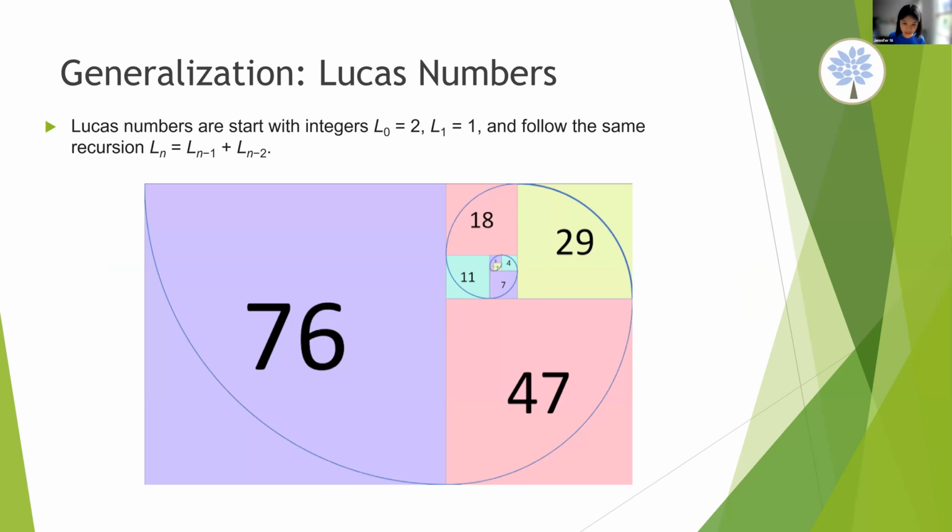Taking these terms of the Lucas sequence, we can also construct a continuous golden rectangle. And since it involves the same recurrence relation, the ratio of consecutive terms in the sequence would converge to the golden ratio. Hence, the Lucas spiral, the Fibonacci spiral, and the golden spiral look similar.